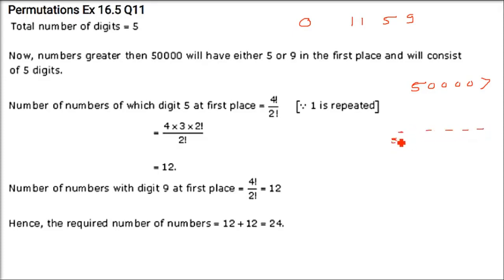So we have 5 positions, either 5 can come or 9 can come. Whatever is coming later doesn't matter, but the first position can only be 5 or 9. Here 'or' is there, so we need to add. We will have 2 results, for 5 and for 9, and then we'll add, because it is asking 'or'.